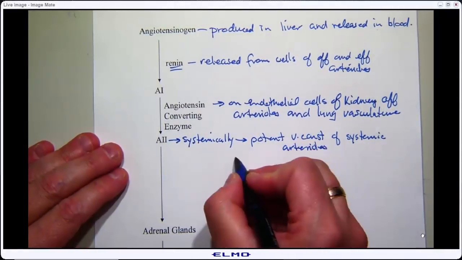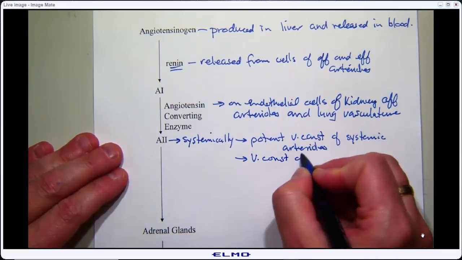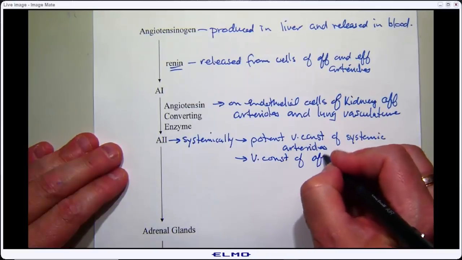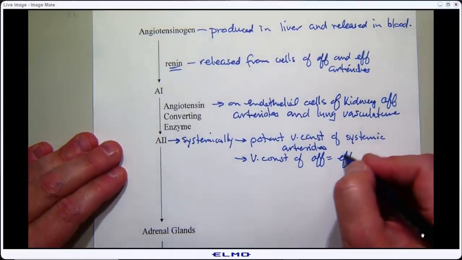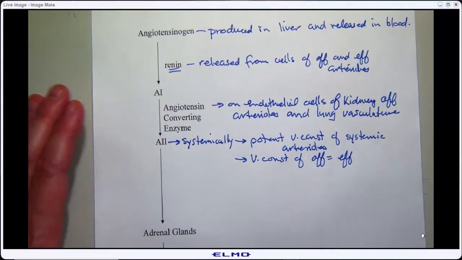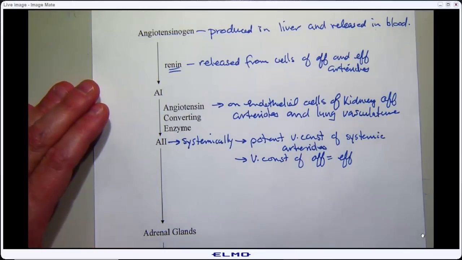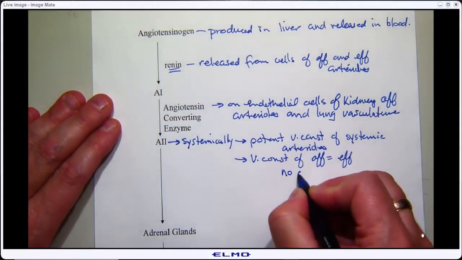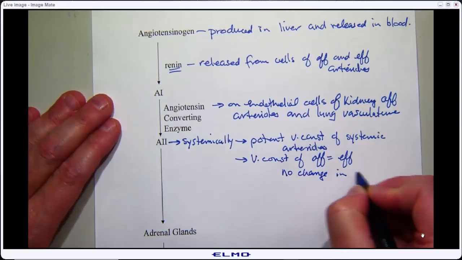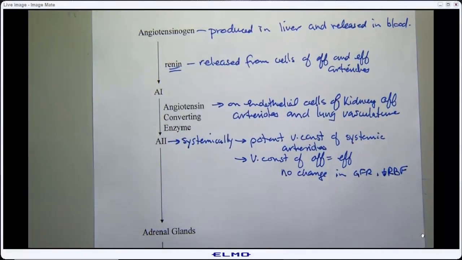We saw that systemically it would be a vasoconstrictor of afferents equal to efferents. Okay, so this maneuver will not change pressure in the glomerulus, and it's not going to change GFR, but it will change renal blood flow. So this is a way to divert blood from even going to the kidney in the first place. So we can decrease renal blood flow this way.